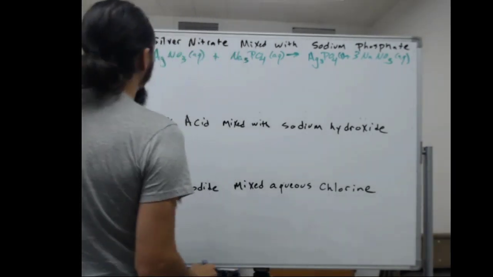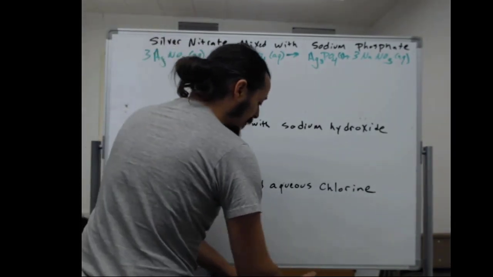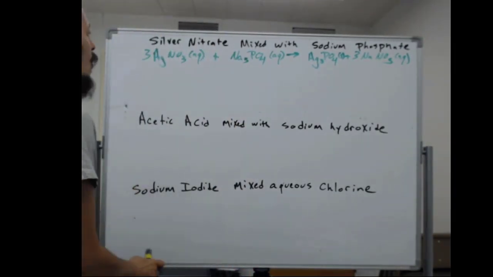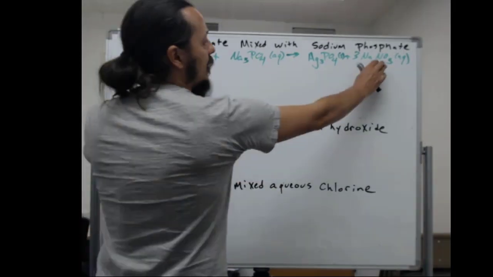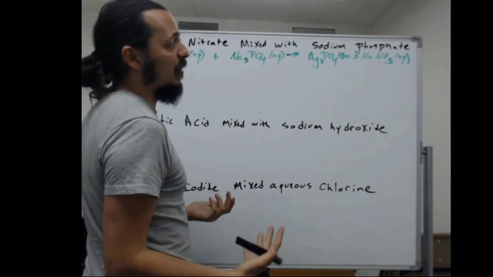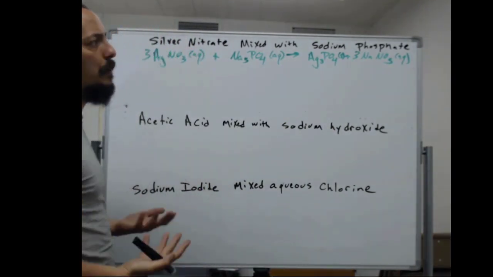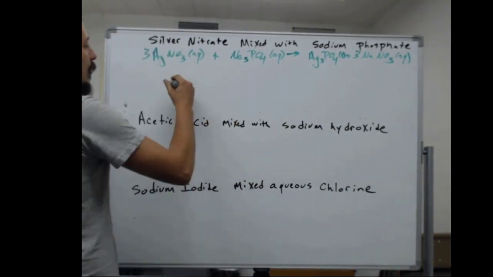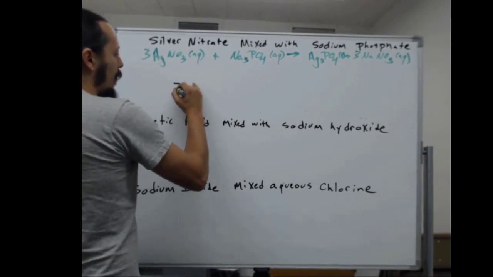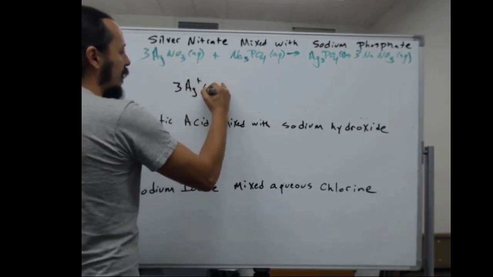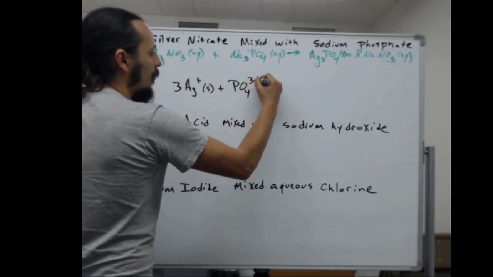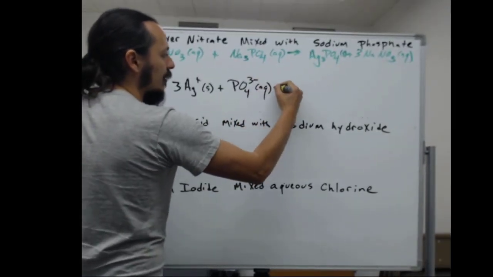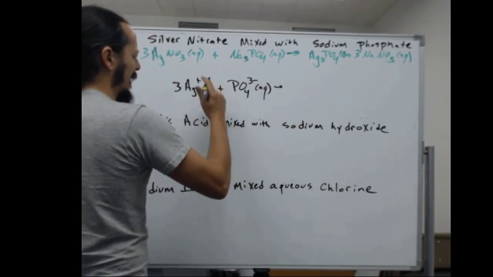And then I'm going to go ahead. Once you get good at these, I'm going to skip the total ionic. Once you get good at these, you can start to see like, oh, nitrate, nitrate, sodium, sodium. Those things are almost always spectators because they don't precipitate. So this is going to end up being 3Ag plus aqueous plus PO4 3 minus aqueous.